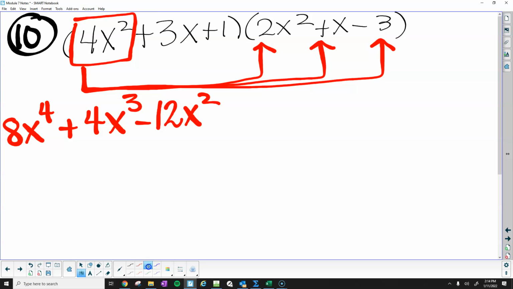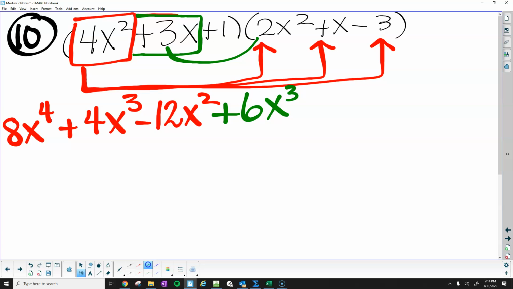Okay. Now we got to take this positive 3x and do the same thing. Multiply it by all of those, y'all. So 3x times 2x squared. Don't forget to add the exponents.